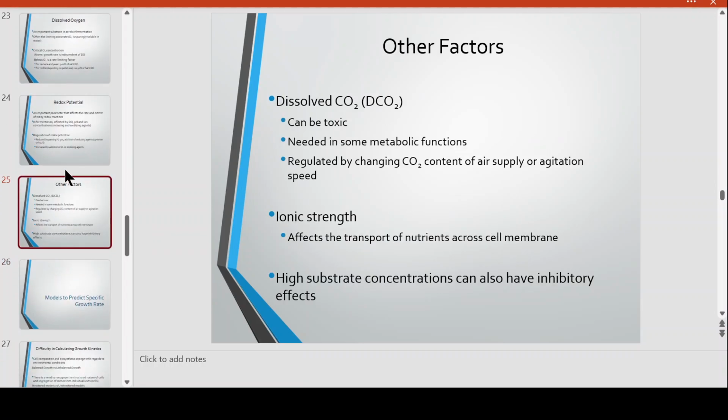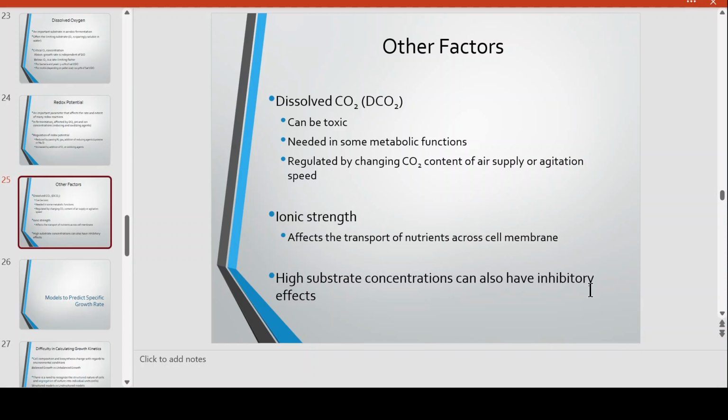Other factors, we have dissolved carbon dioxide, which can be toxic, but in some metabolic functions, you might also need dissolved carbon dioxide. So you just need to regulate the carbon dioxide content of your air supply or your agitation speed. Also, ionic strength affects the transport of nutrients across the cell membrane. High substrate concentration also can have inhibitory effects.